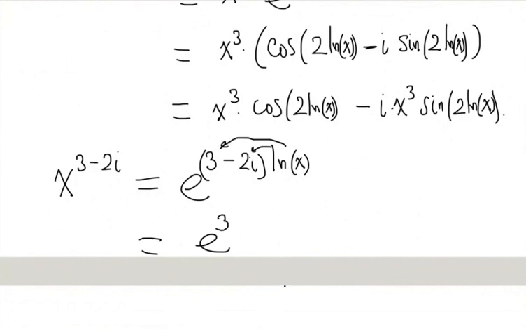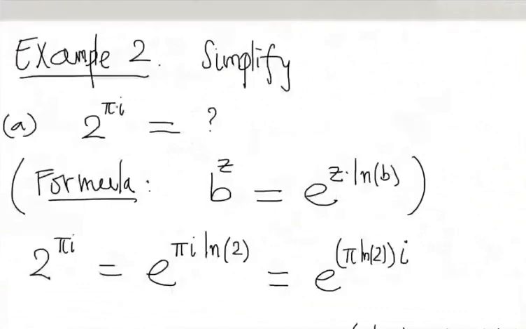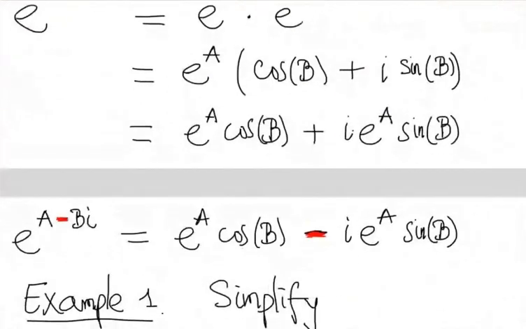We have e to the 3 log of x and minus 2 log x times i. And now using the formulas above, this is the formula we need here. e to the a minus bi is e to the a cosine b minus i e to the a sine b.